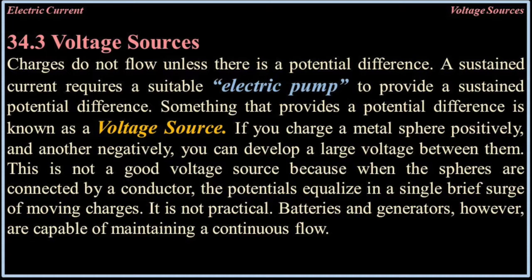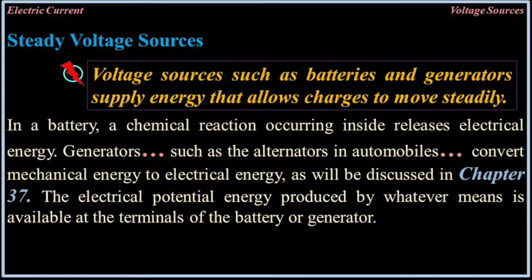This is not a good voltage source because when the spheres are connected by a conductor, the potentials equalize in a single brief surge of moving charges. It is not practical. Batteries and generators, however, are capable of maintaining a continuous flow.